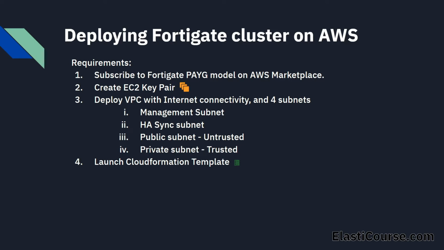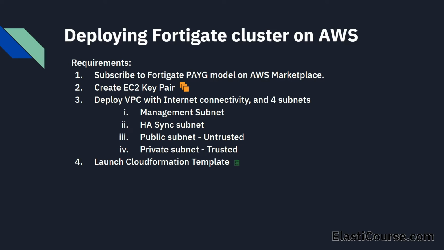Second, we need an HA sync subnet because, unlike connecting FortiGate clusters on premises where we use layer 2 Ethernet directly between the firewalls, in the cloud the HA clustering protocol between the firewalls uses a unicast IP, and each firewall will have a unique IP in this sync subnet.